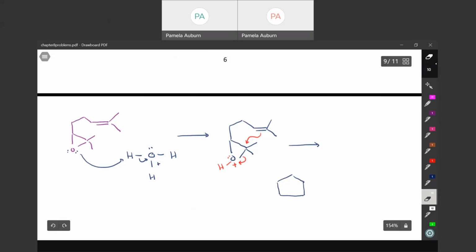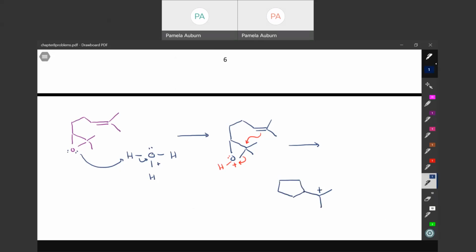I don't want to draw it the other way. Make it easier for myself. So that came in there. And so I've got this over here. And it's a carbocation because it lost its pair of electrons. And now off of this guy, I've got those two. And off of this one, I've got OH.